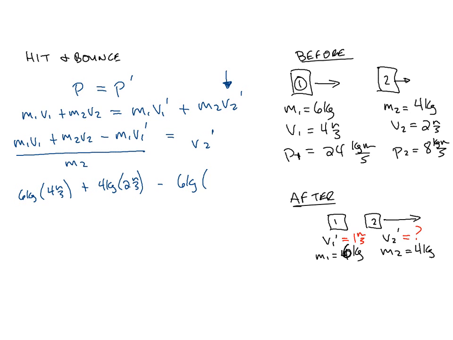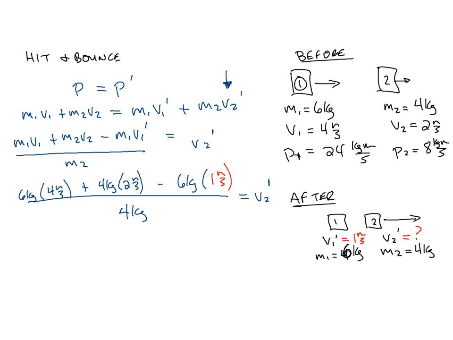That was that 1 meter per second that we just made up. Maybe that's a good number, maybe not. And then I divide by mass 2, which would be 4 kilograms, and that's supposed to be V2 prime. So let's run the numbers, see what happens here.